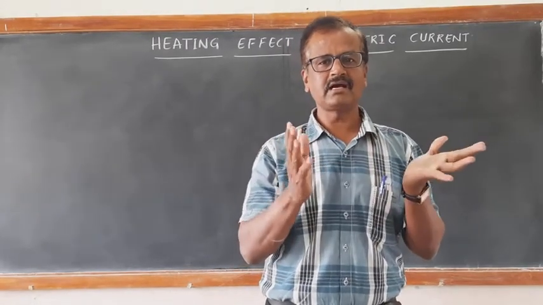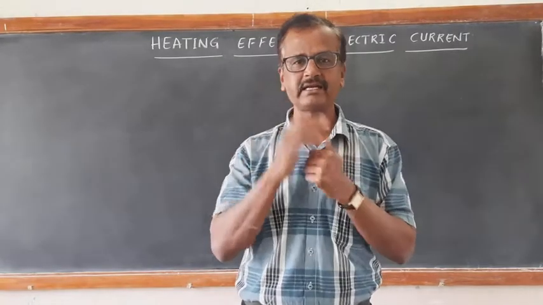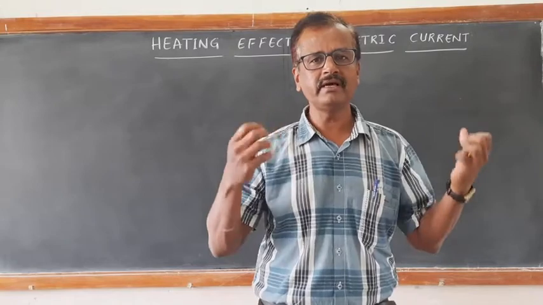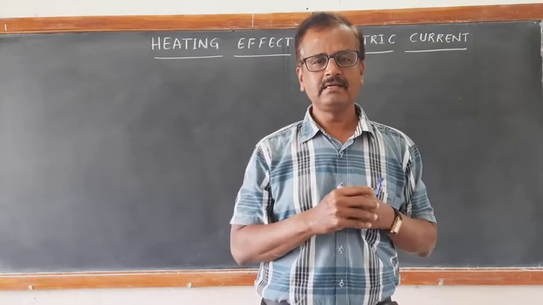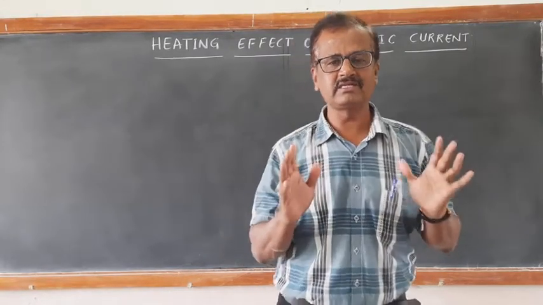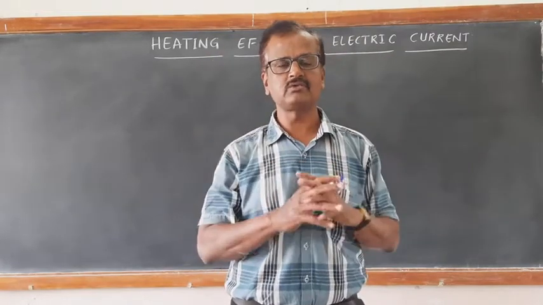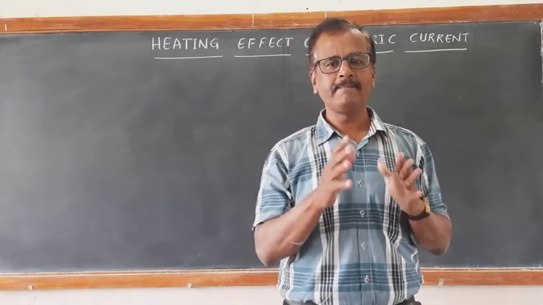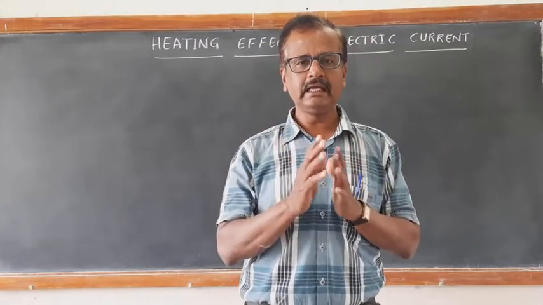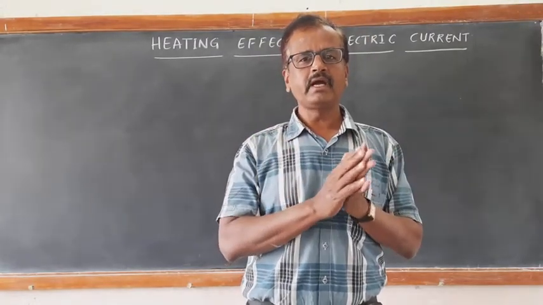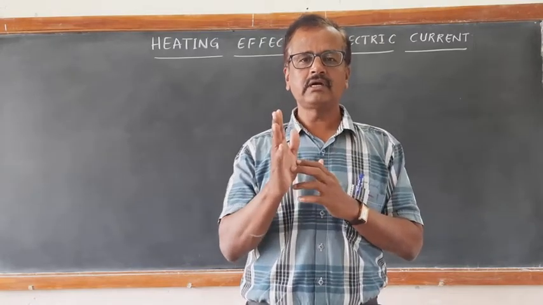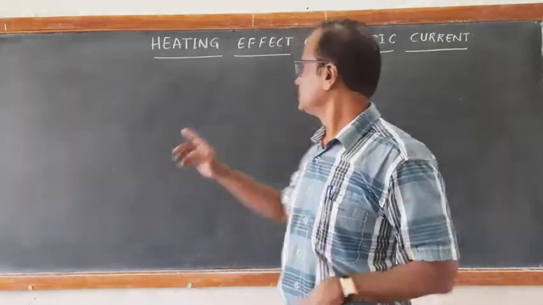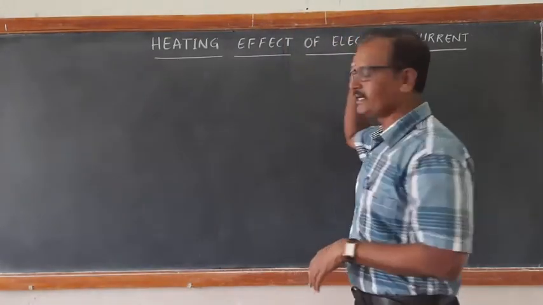The fans convert the electrical energy into mechanical energy in the rotation of the blades, and we use it for getting the breeze. If the circuit consists of only resistors, then whatever work is done by the source of voltage, entirely that energy is converted into heat. So we are learning about the heating effect of electric current.